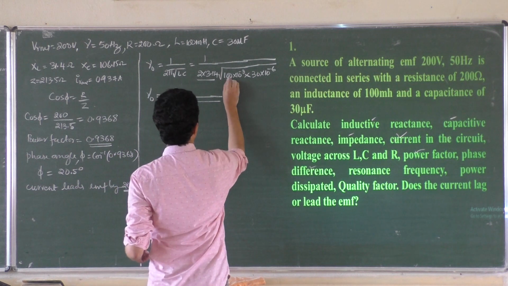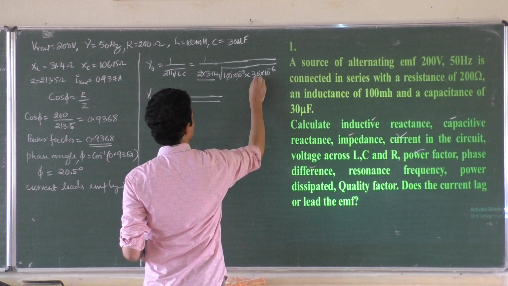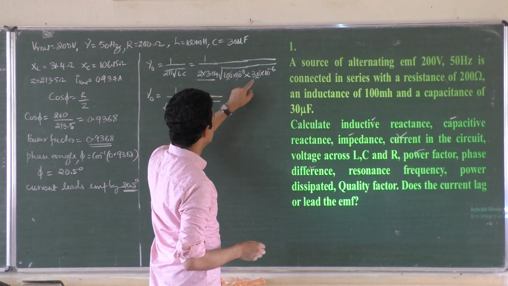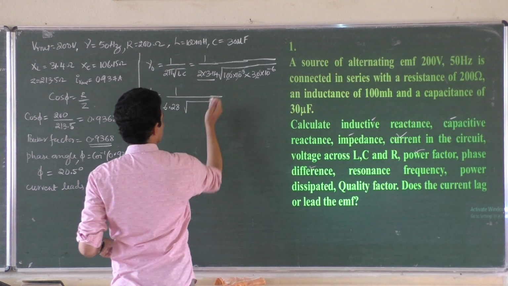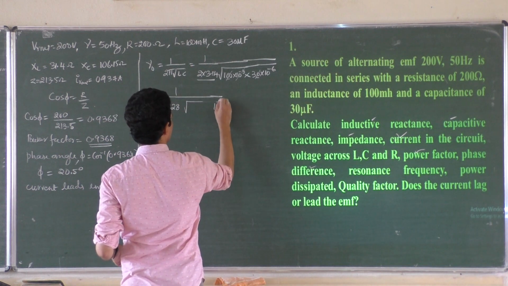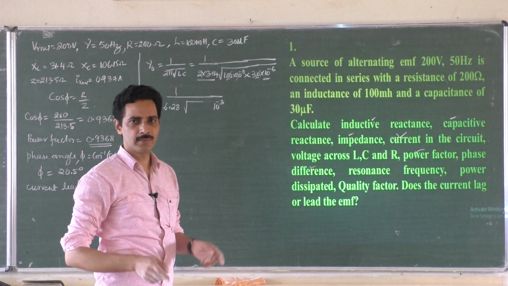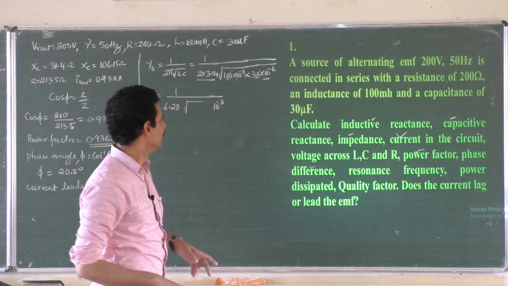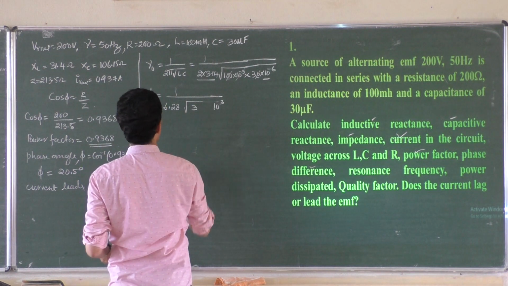here you have 2 zeros, here you have 1 zero, gone, correct? 100, 10 to the power 2, 10 to the power 3, minus 3, gone. 3 into 10 to the power minus 6, square root of, I will take 10 to the power minus 3 outside. Square root of 10 to the power minus 6 is 10 to the power minus 6 to the power half. So that is 10 to the power minus 3, root of 3, 1.732.